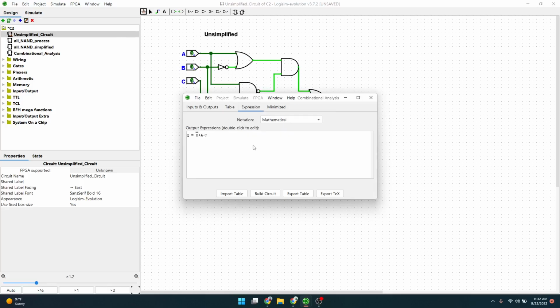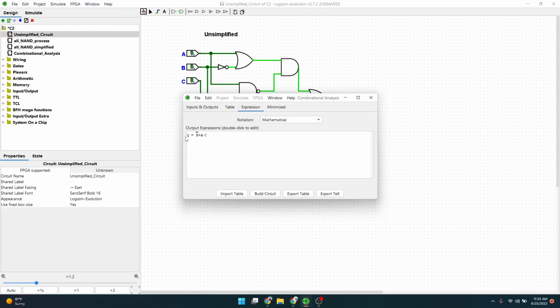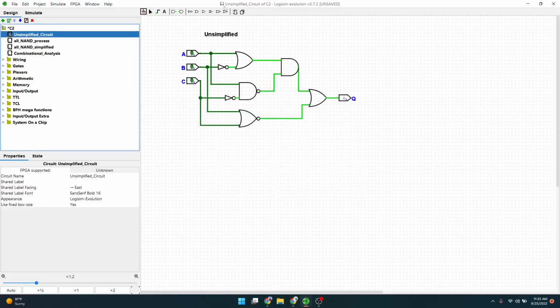And this is the expression it came up with: B prime or A and C, which is given here by this K map, and then ultimately computed down here. So remember, that was B prime or A and C.